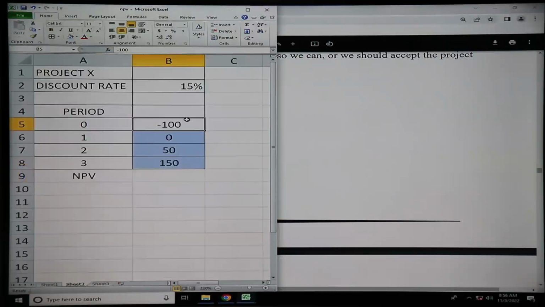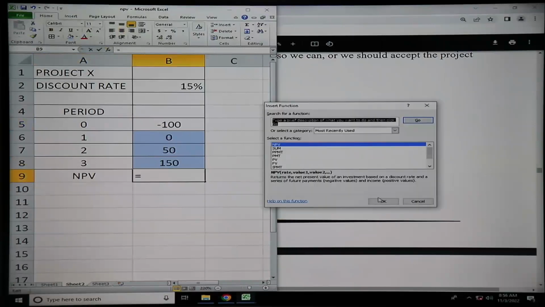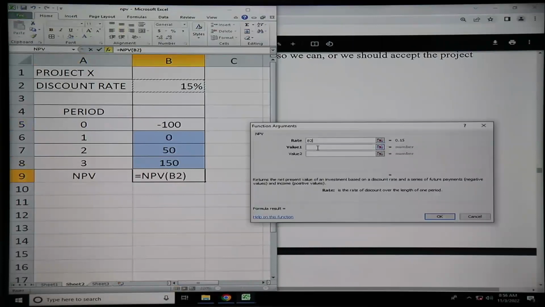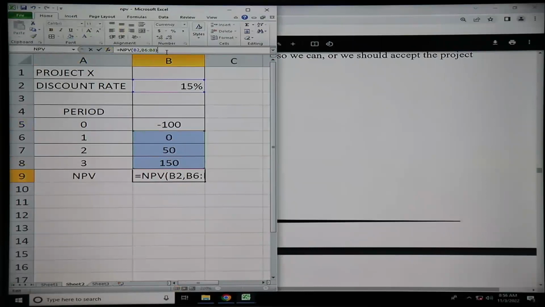So when you insert this function, you use the rate you are given here, and this is our cash flow from 1 to 3. Once you finish this, we will have to add the initial investment, and when you add, we get the net present value.